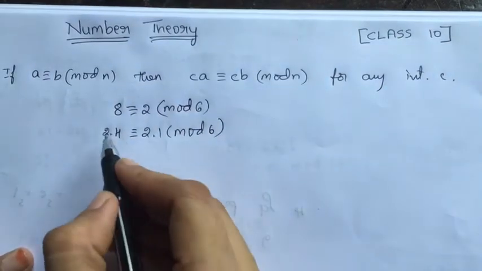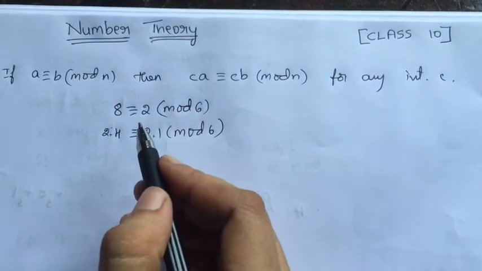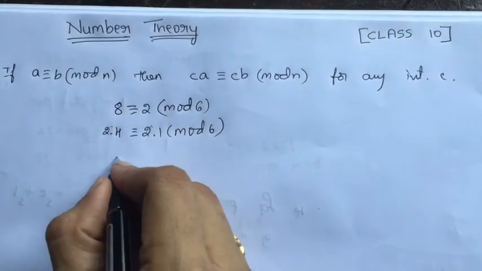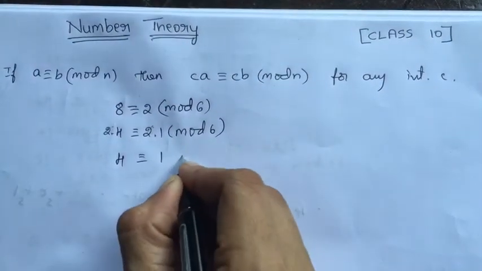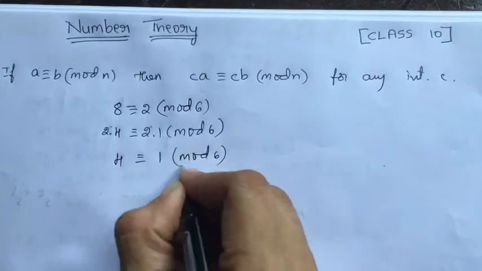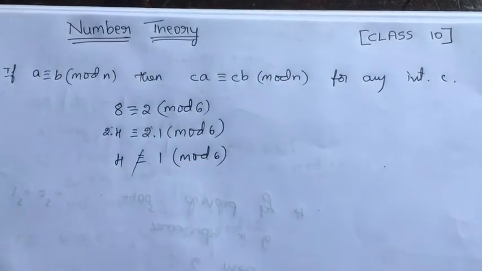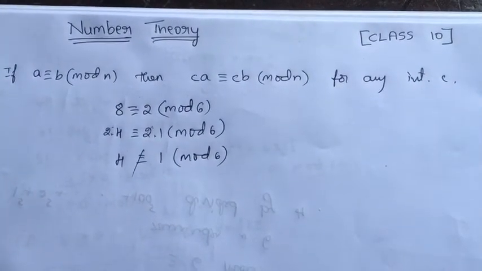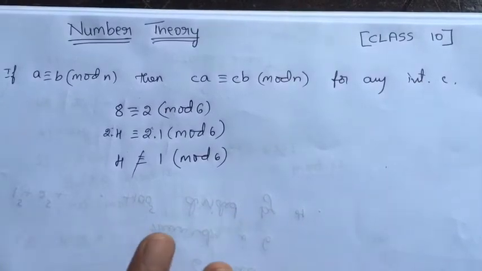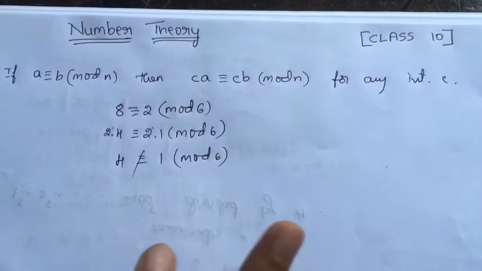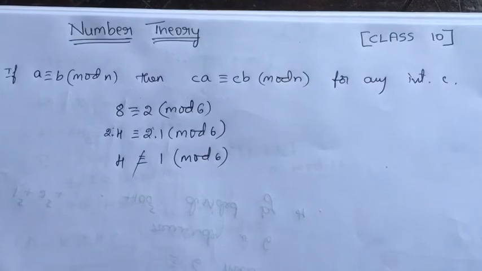I cannot directly cancel 2 and write 4 is congruent to 1 mod 6. In fact, 4 is not congruent to 1 mod 6. In brief, one cannot cancel a common factor in the arithmetic of congruences.